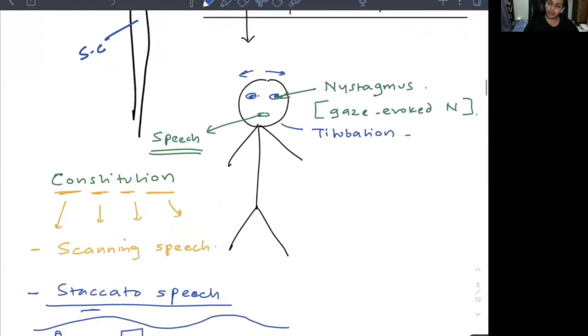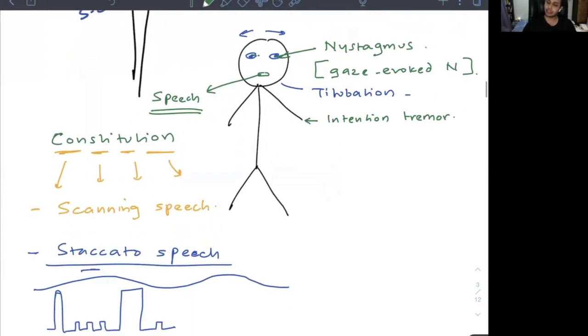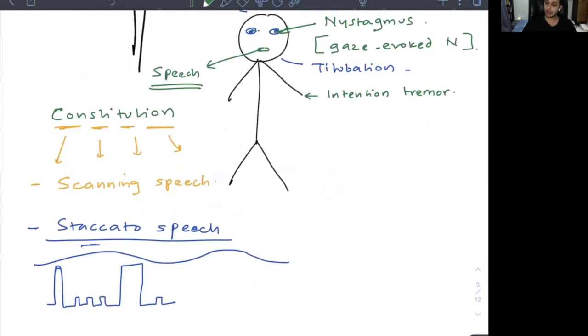Now coming to your limbs, you can have intention tremor. So what does intention tremor mean? Now imagine that there is a cup in front of you, okay? And you want to reach that cup.